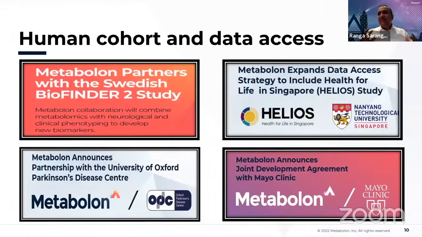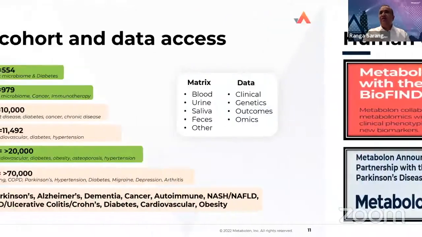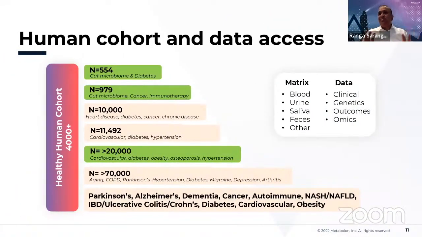And these are some of our recent initiatives, just to give you a very brief idea of what Metabolon has embarked on. This slide is more about the thought process rather than the actual numbers here.